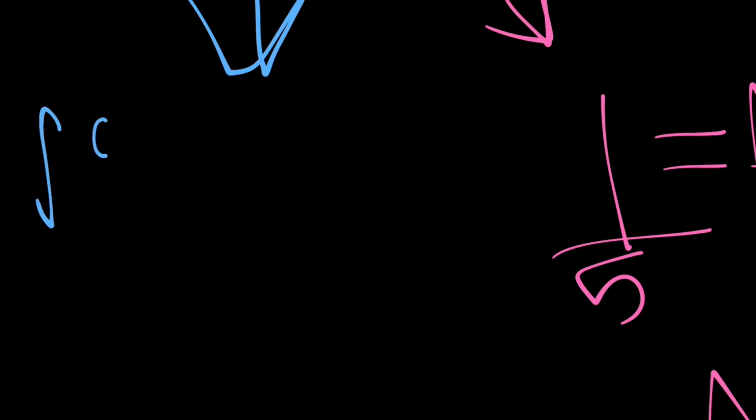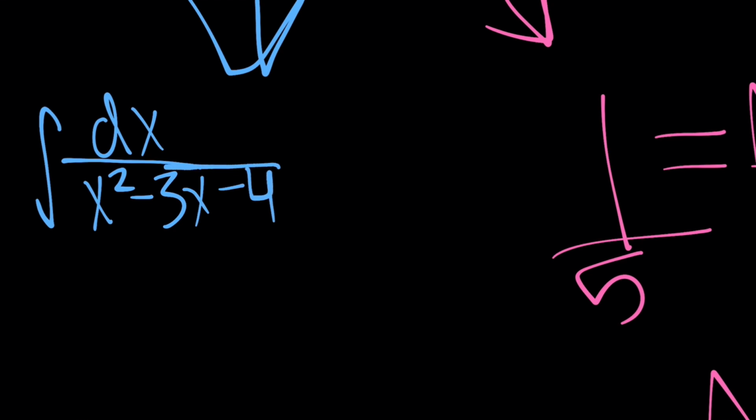So dx is going to be over x squared minus 3x minus 4. The reason why I put dx in this equation is because 1 is just 1, and we can put dx on the top using algebra.